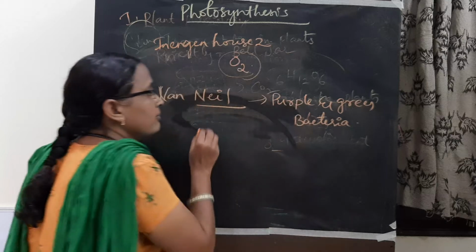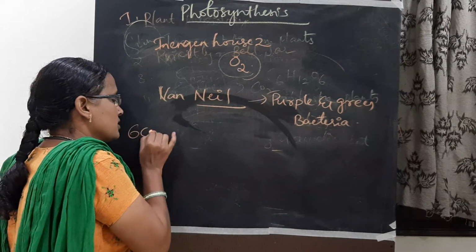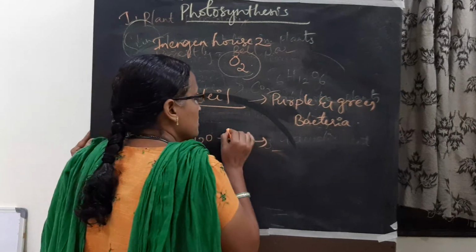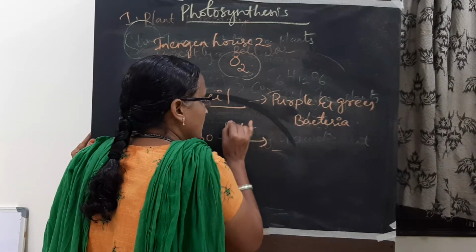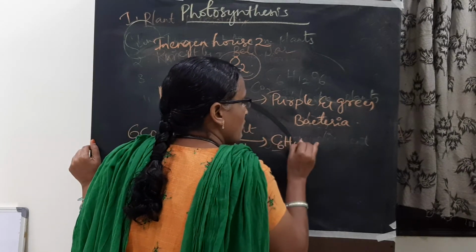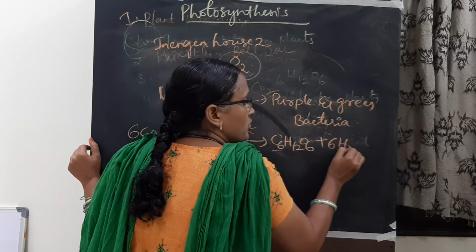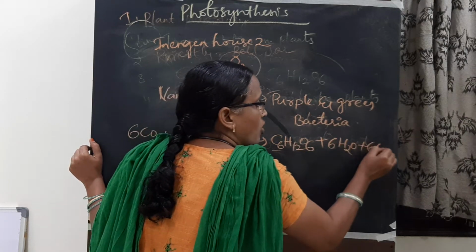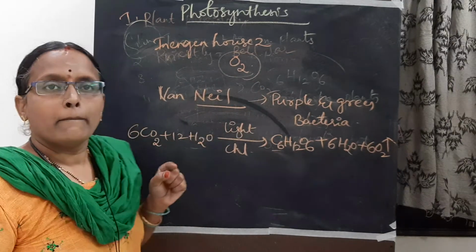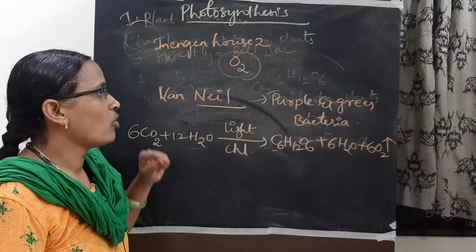He proposed the equation we are studying: 6CO2 plus 12H2O, in the presence of light and chlorophyll, our plants prepare complex carbohydrates C6H12O6, with formation of water, and oxygen is liberated into the atmosphere. This equation is proposed by van Niel.